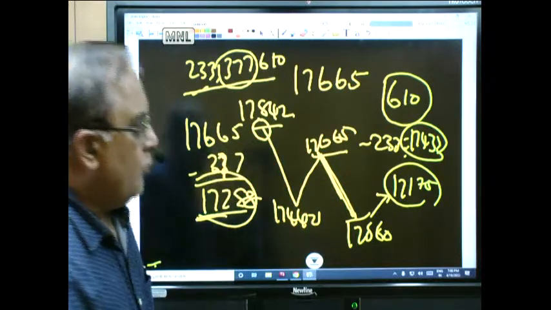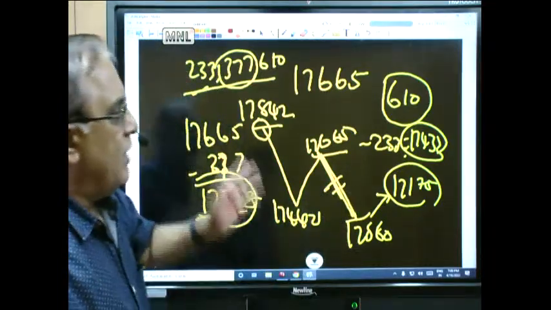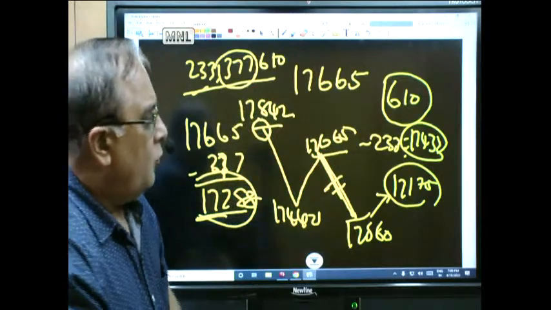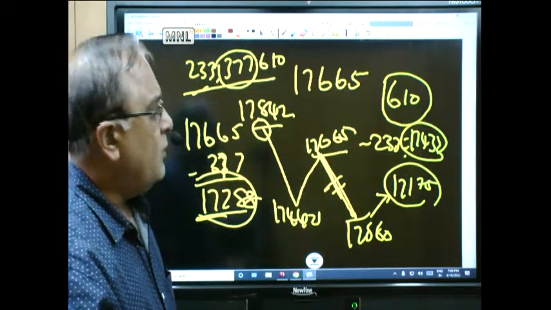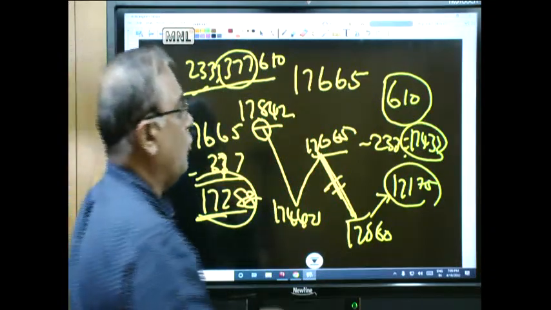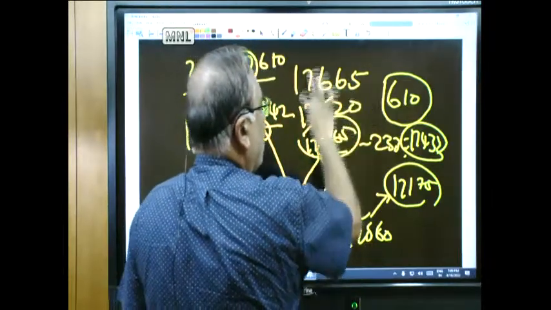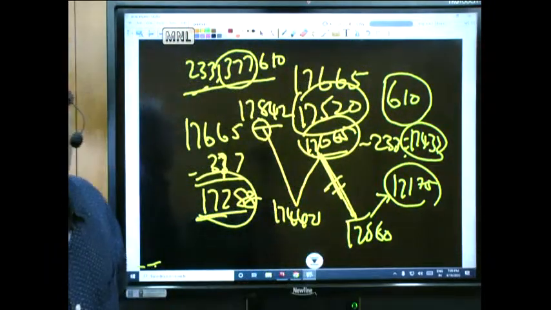So what is the area? 17,665. And if you look at the 78.5% retracement, approximately 610 into 0.235, that will come to 144 or so. So 17,665 minus 144, it is coming to 17,520 or so. So the last place that it should be is 17,520. The trend change can take place only if it starts moving above 17,520.